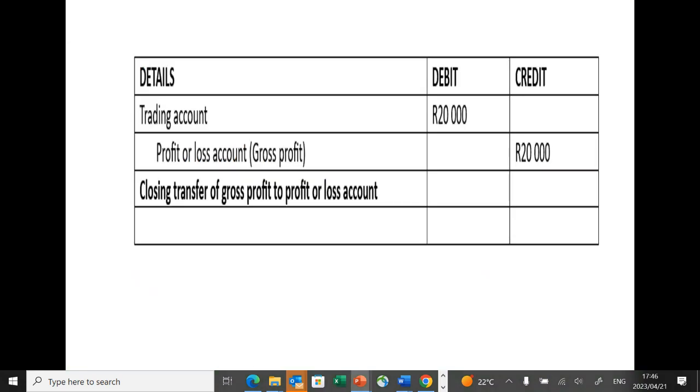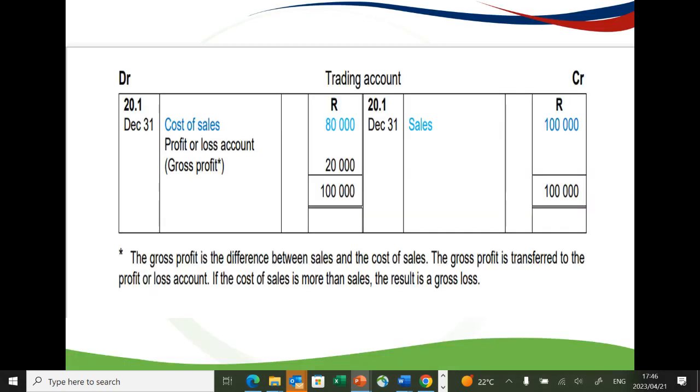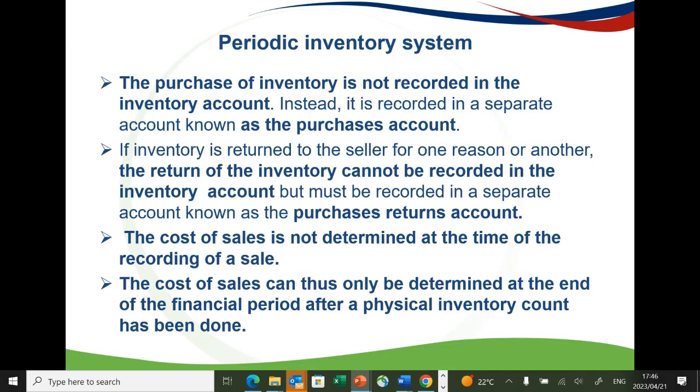That's why you will have this transaction where we said debit the trading account by 20,000 and credit your profit or loss by 20,000. So here we're saying closing transfer of gross profit to profit or loss account. So that's how you will have dealt with the perpetual inventory system. That's the first part. So now let's look at a periodic inventory system.